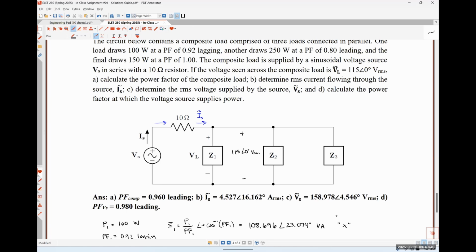Brandon. So if I multiply VL times IS, that's going to give me the conjugate of the complex power that was absorbed by our composite load, and we already know that, so that's not really bringing anything new to the table.